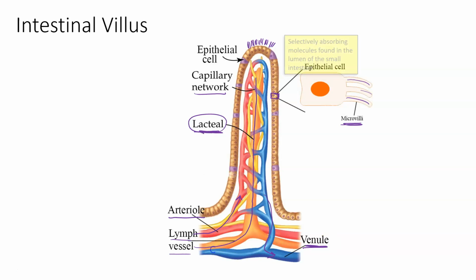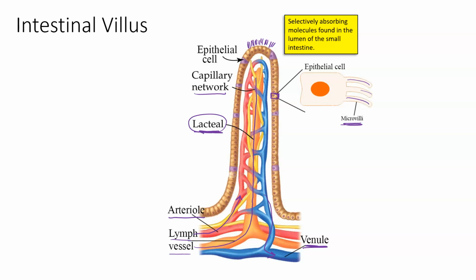So, the selective absorbing molecules found in the lumen of the small intestine are going to be absorbed by the epithelial cells through the microvilli and are only going to have to diffuse through one cell thick worth of tissue in order to get into the blood supply associated with this capillary network.